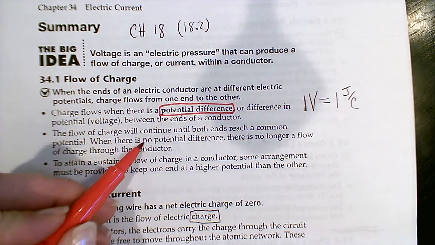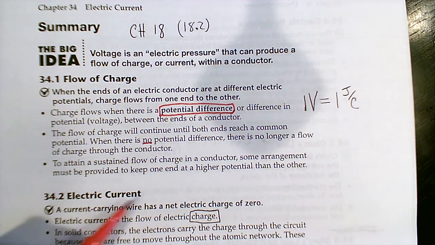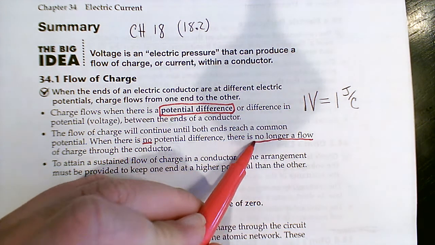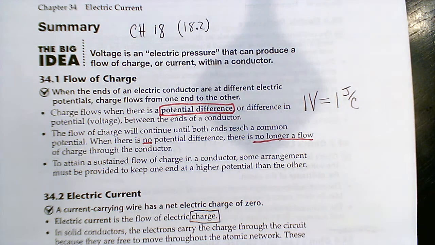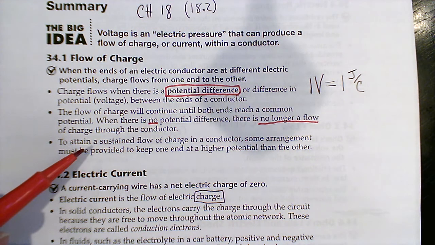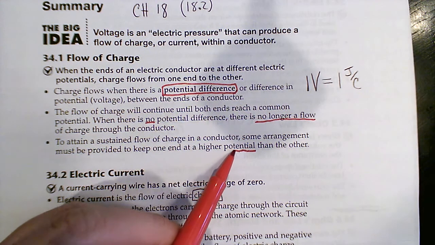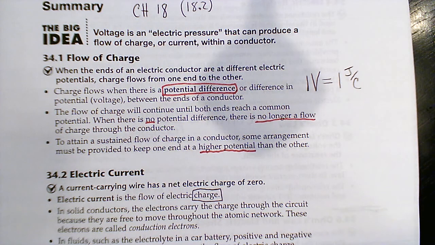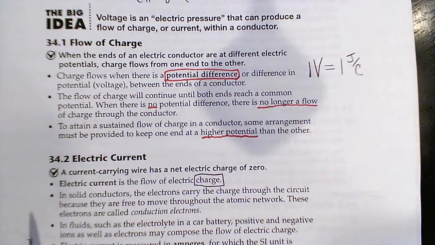So when there is no potential difference, there is no longer a flow of charge, and there would be no more current flowing through your system. So if we want to keep electricity moving, we have to keep a potential difference. We have to have things at a different potential energy throughout the circuit.